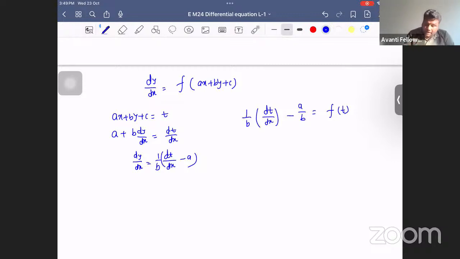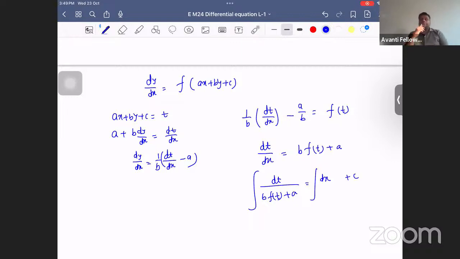Alright, multiply the entire equation by b. So dt by dx is equal to b f of t plus a. So dt upon b f of t plus a is equal to dx. Now you integrate both sides, you will get your answer. Am I clear?